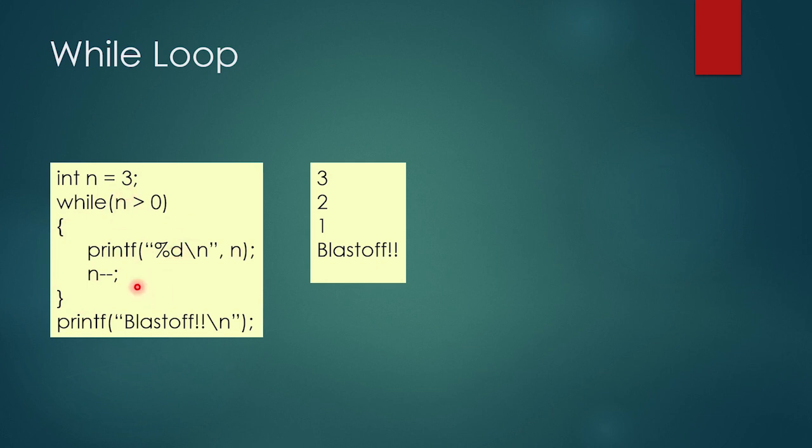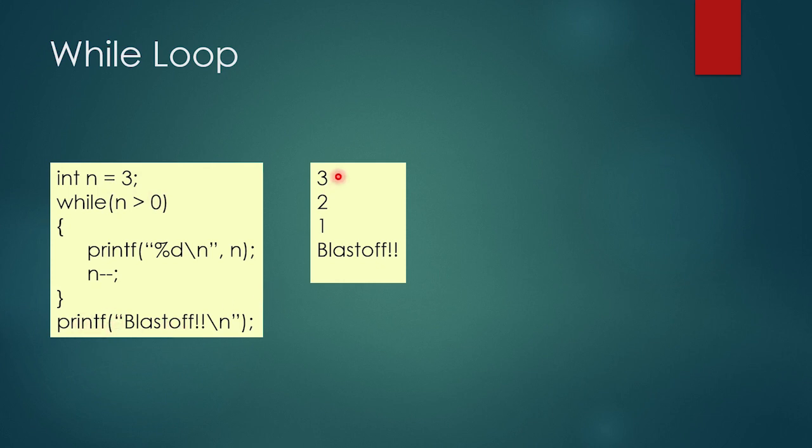So every time through the loop, it's going to subtract 1 from n. It starts at 3, so it's going to go 3, then 2, then 1. The final time, it's going to subtract 1. It's going to become 0, then this will become false because 0 is not greater than 0, and it's going to go to the statement after the loop and print off blast off.